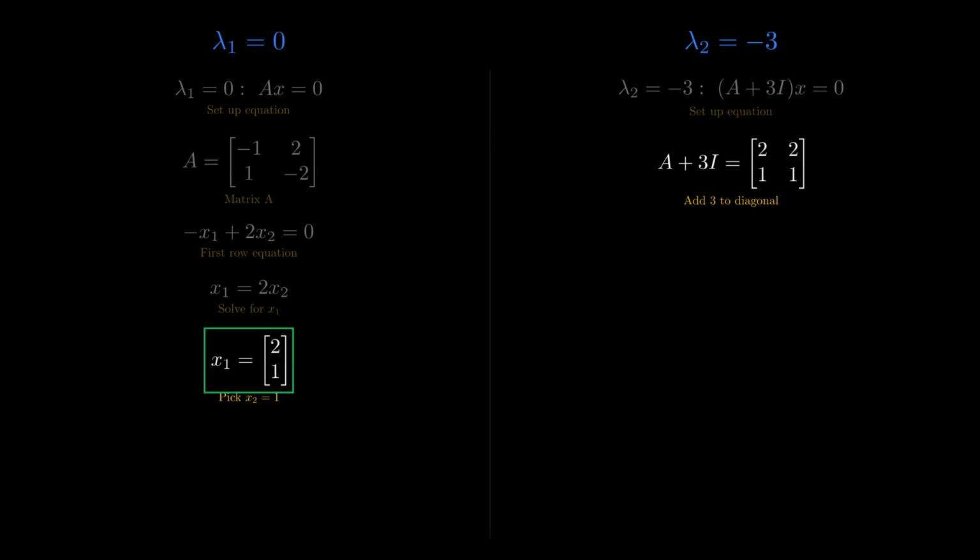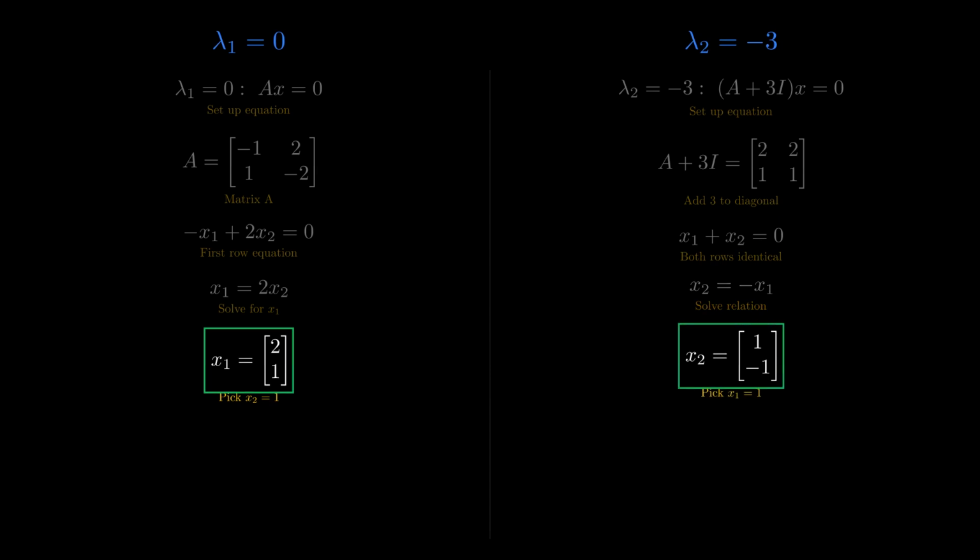Adding 3 to each diagonal entry, A plus 3I has 2, 2 on the top row and 1, 1 on the bottom. Both rows give the same equation, x1 plus x2 equals 0, so x2 equals -x1. Picking x1 equals 1 gives the eigenvector 1, -1. Two eigenvalues, two eigenvectors.